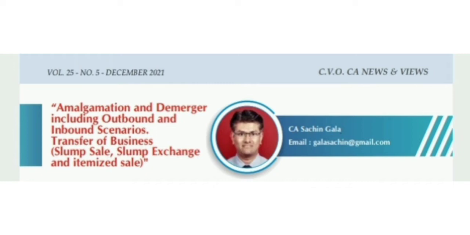Where accumulated business losses and unabsorbed depreciation are not directly relatable to the undertaking demerged, under Section 72A(4B) the accumulated business loss and unabsorbed depreciation should be apportioned between the resulting company and the demerged company in the ratio of the assets transferred to the resulting company and assets retained by the demerged company, and be allowed to be carried forward and set off in the hands of the demerged company or the resulting company, as the case may be. There is no fresh life of 8 years for carry forward of losses. Only the balance period can be availed.